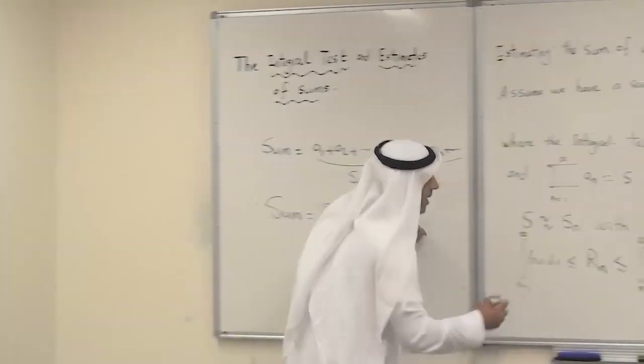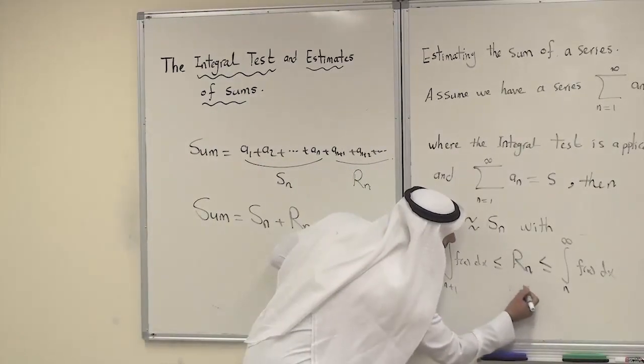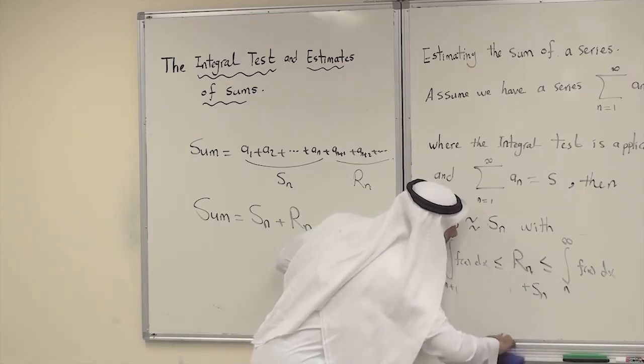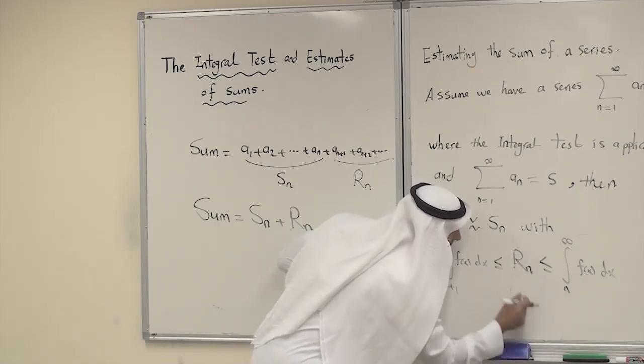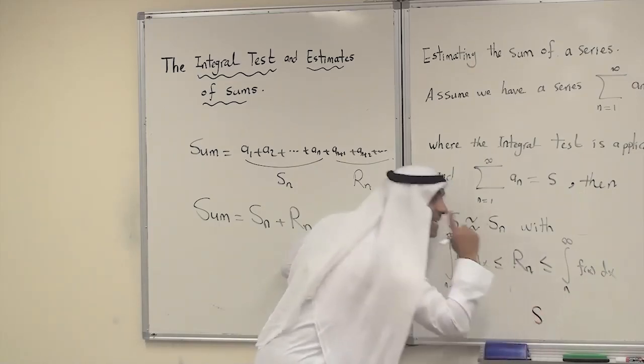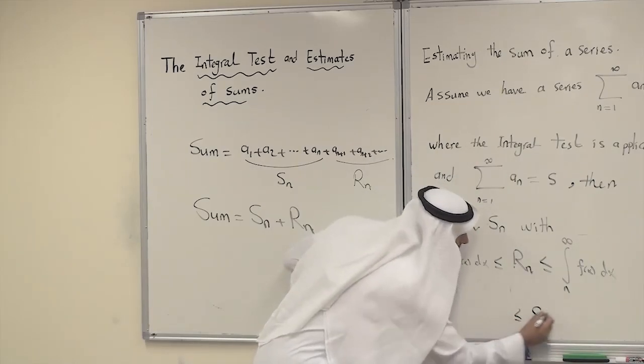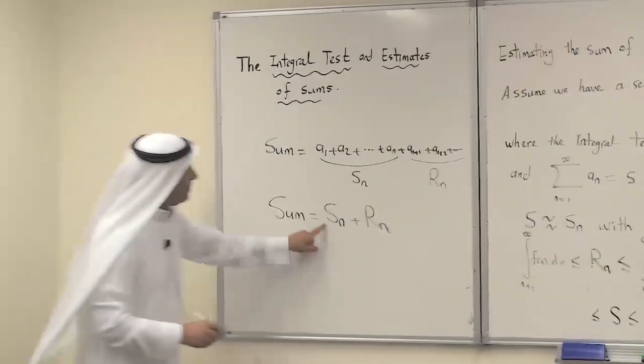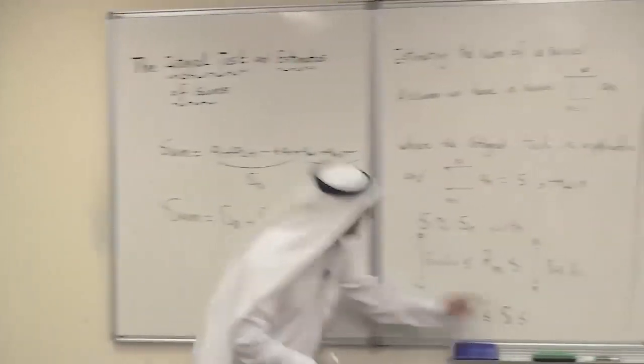Look here. If we add Rn to Sn, I am adding Sn to all sides. Here, here, here. What do you get? Rn plus Sn will give me the exact sum. I repeat: Sn plus Rn is equal to the sum.